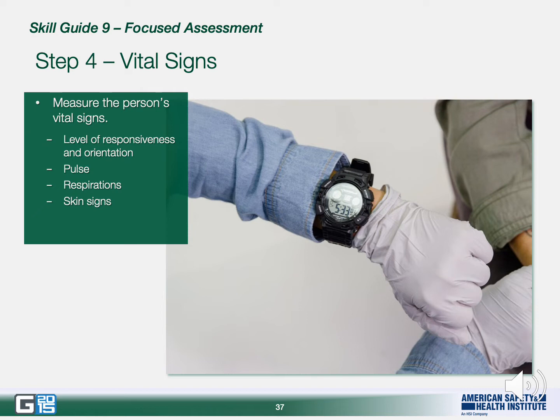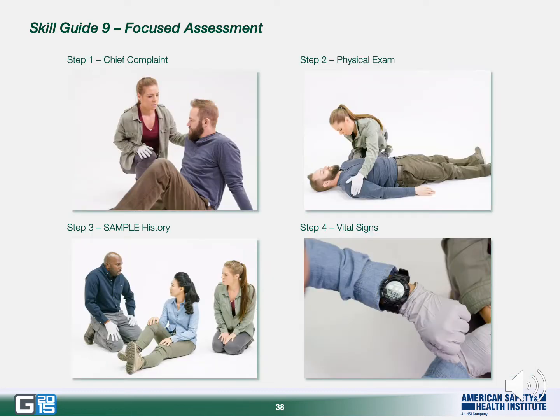And level 1 would be they're completely unconscious and non-responsive. So you want to check their pulse, their respirations, and their skin signs, which is SCTM: skin color, temperature, and moisture.